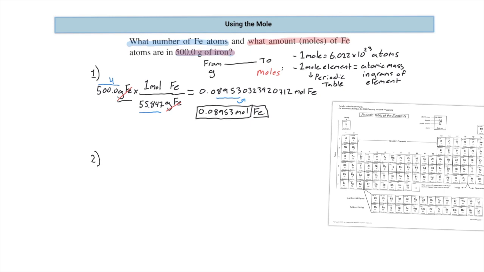Part 2 was initially going from grams to atoms, wasn't it? But we've already done the work of going from grams to moles, so really we're going from moles to atoms.